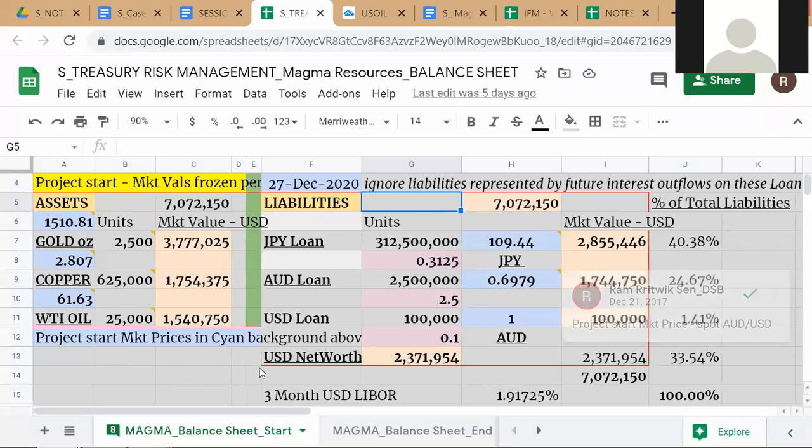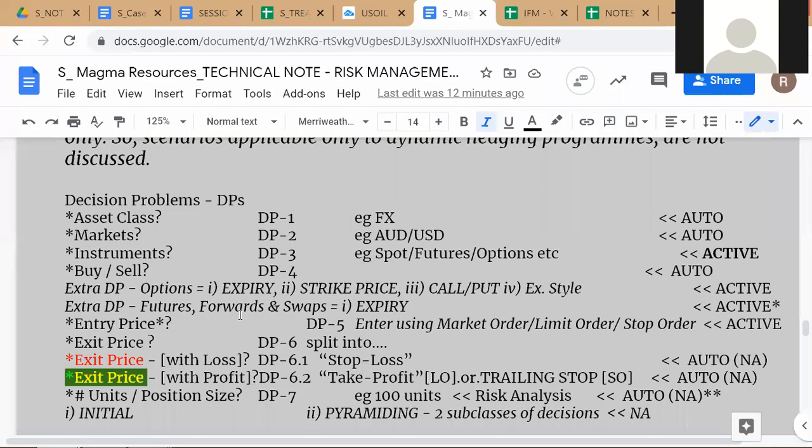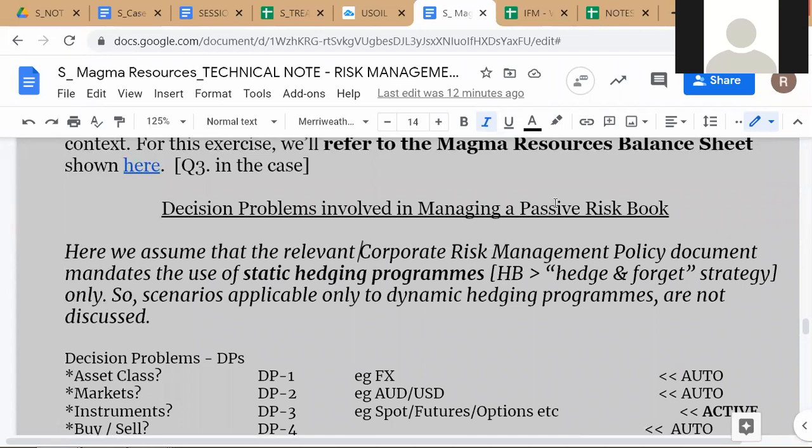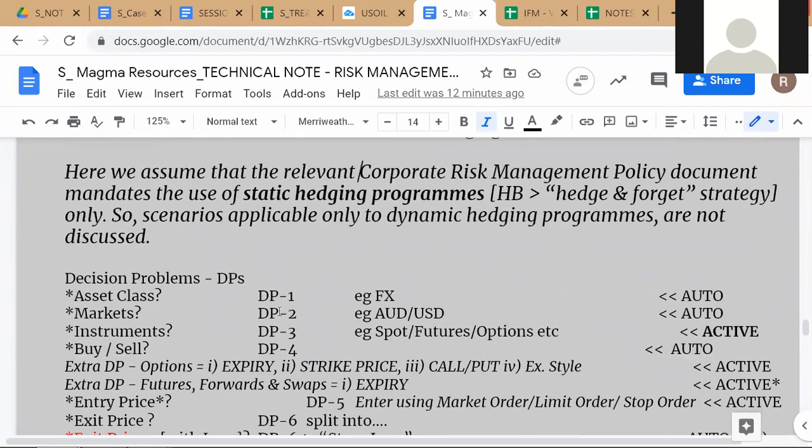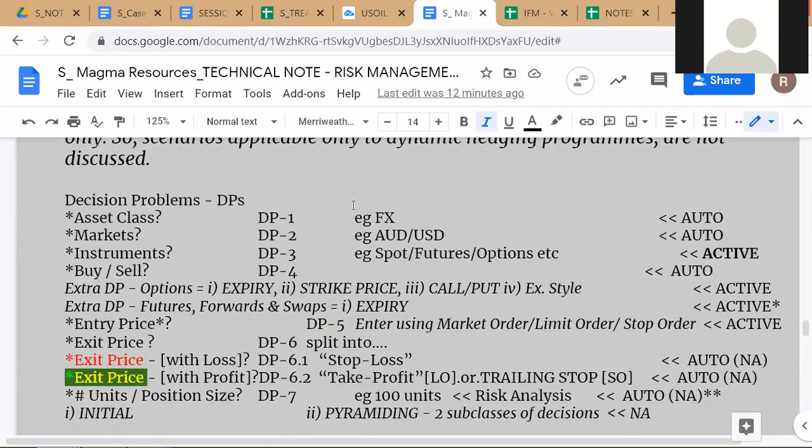We're talking about managing a passive risk book. What we are discussing now is, we are already familiar with these decision problems. When we come to the context of managing a passive risk book, and we look at the same decision problems, is there any change and is there any difference?